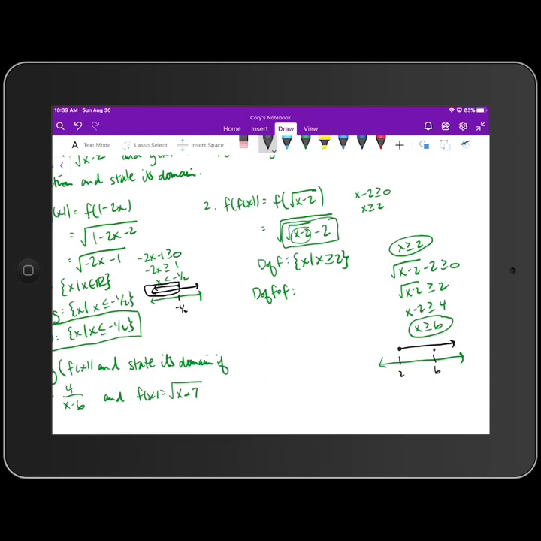X is greater than or equal to 6 would look like that. What values do those two sets have in common? The values that they have in common are the x values that are greater than or equal to 6. Okay, so that's going to be the domain of f composed with f.